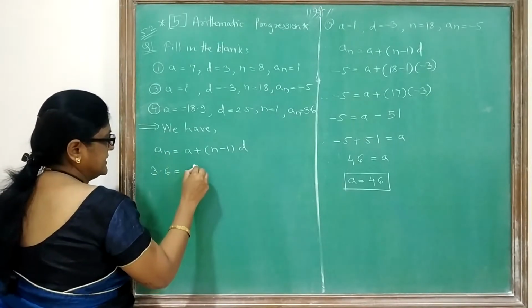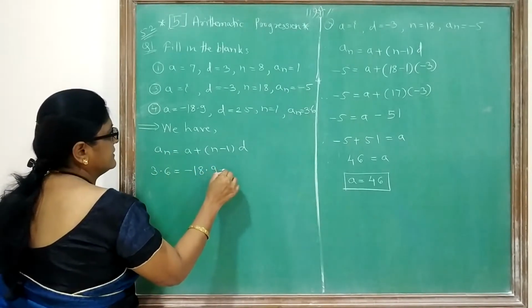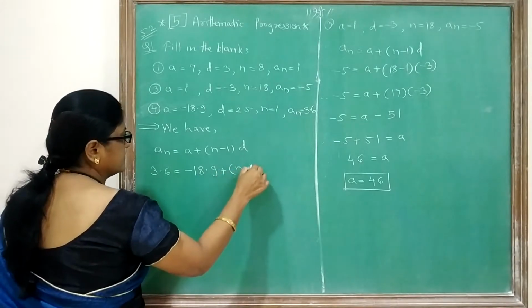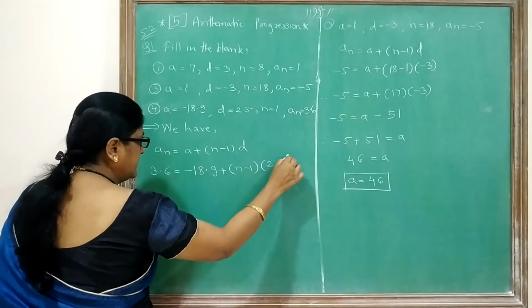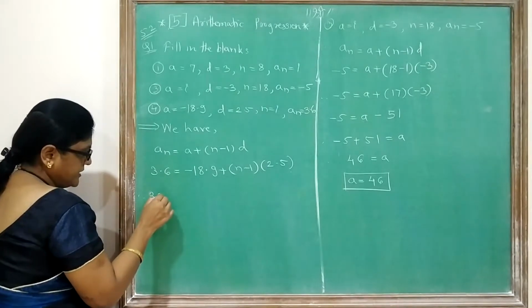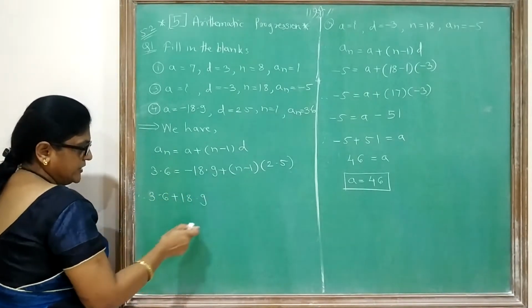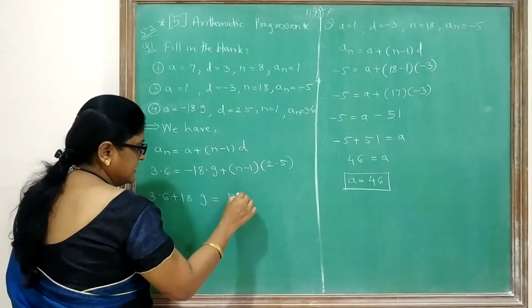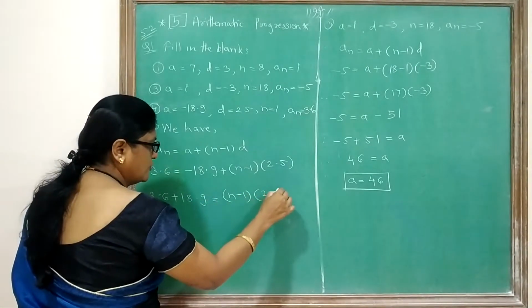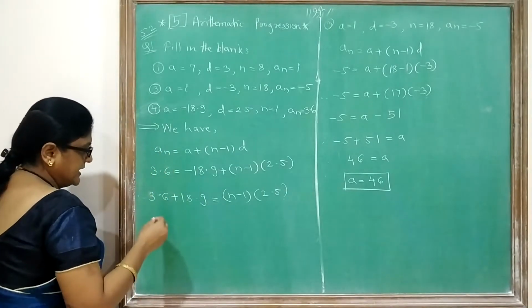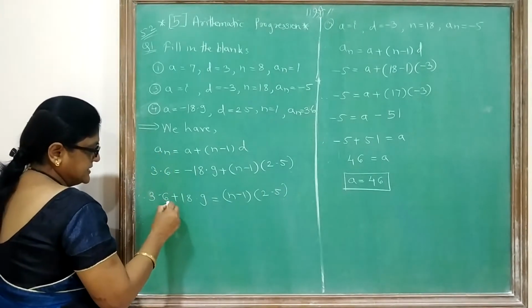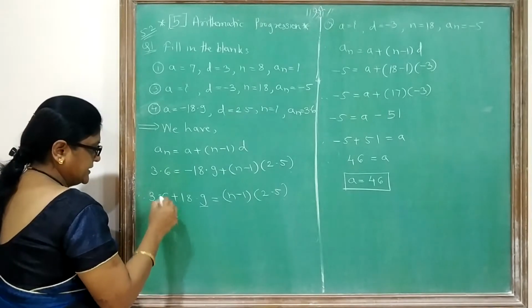What is a? A is minus 18.9 plus n minus 1, d is 2.5. And therefore 3.6 plus 18.9, this minus 18.9 will be transferred to that side, equal to n minus 1 into 2.5.